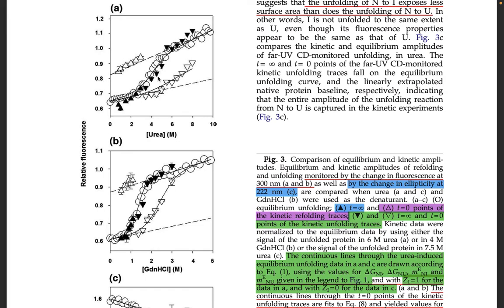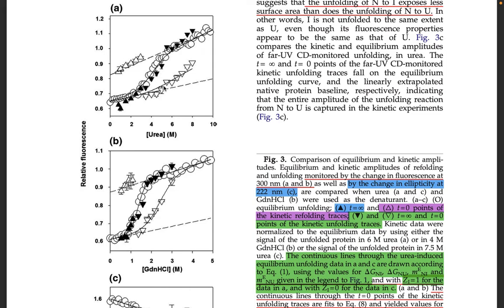Now, the second thing is the unfolding experiment, where these filled triangles are t equal to infinity. As you see, for the unfolding experiment, t at infinity means the protein will be in unfolded conformation, so at different denaturant concentrations it is at equilibrium.